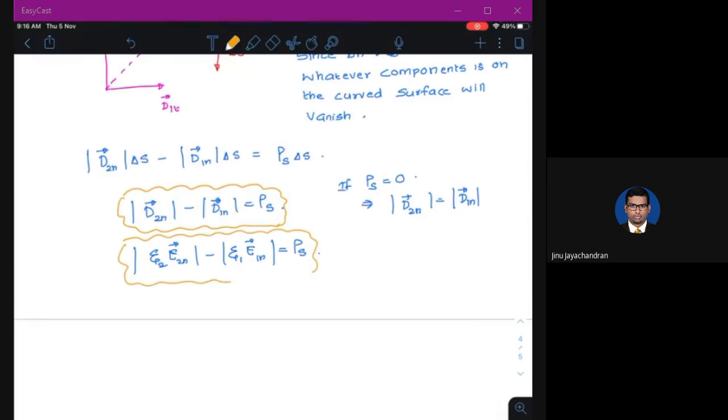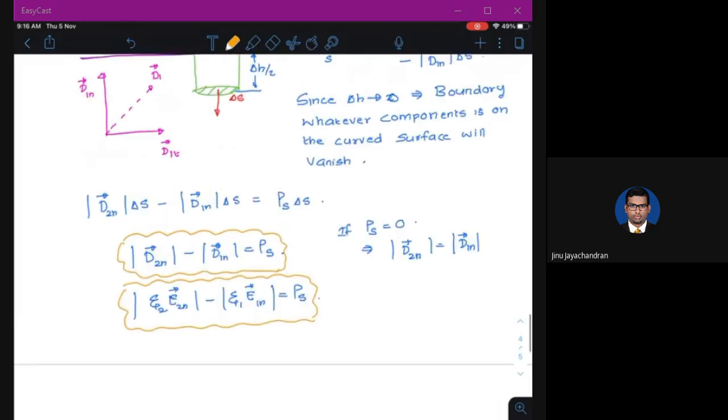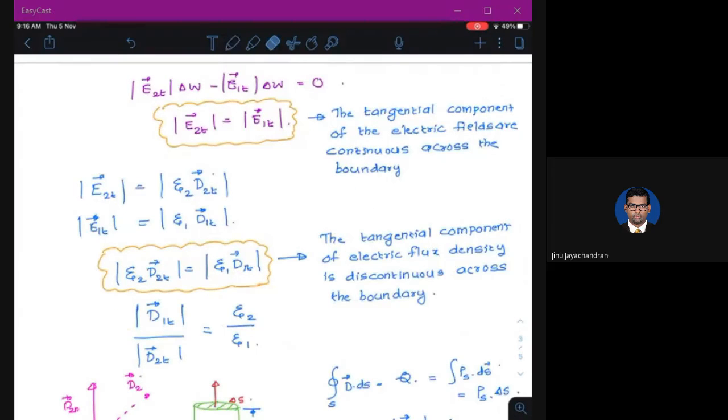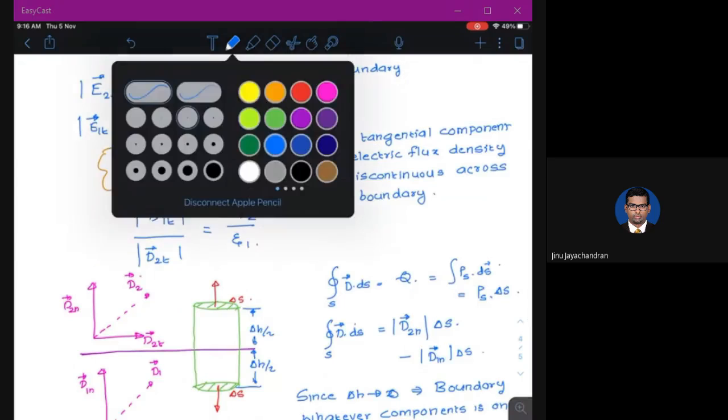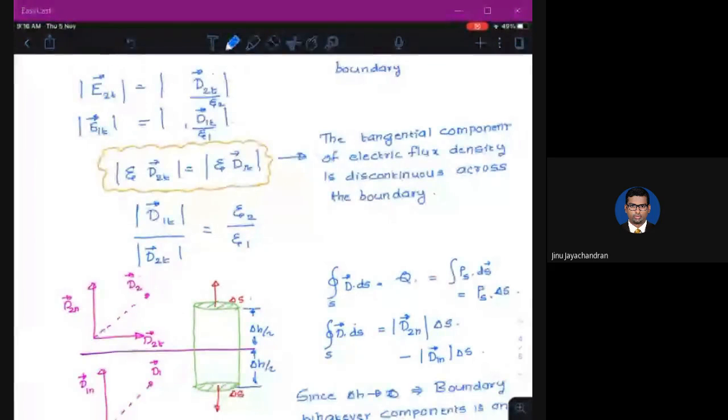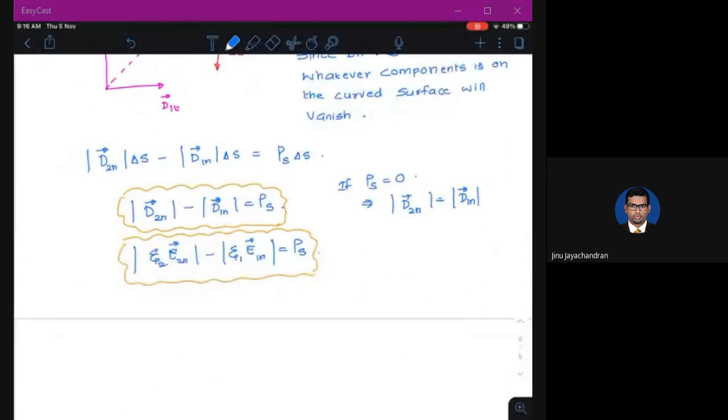I think I made a mistake in one part here, which is basically this is actually D2T by epsilon 2, and this is basically D1T by epsilon 1. So these are the boundary conditions.